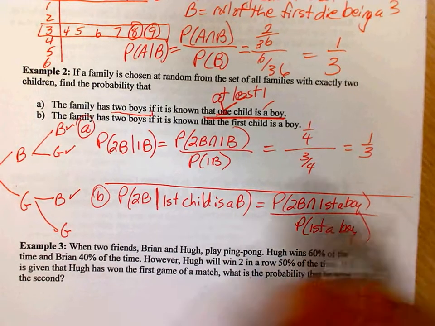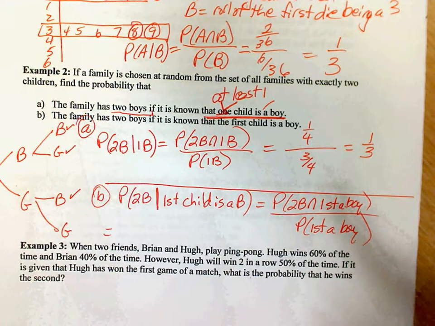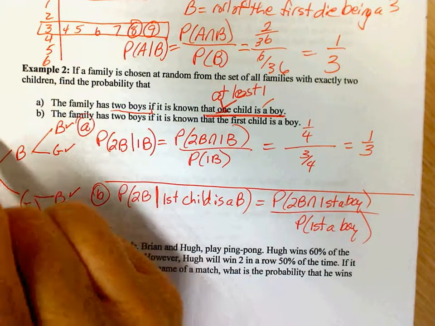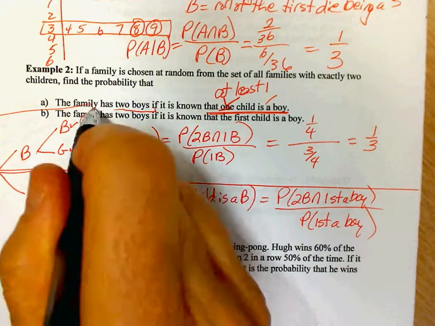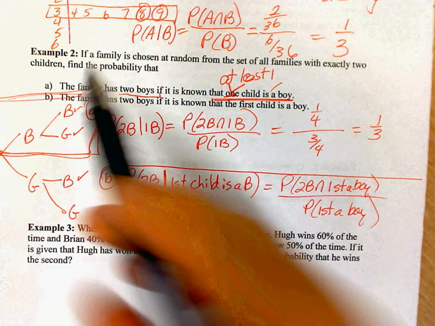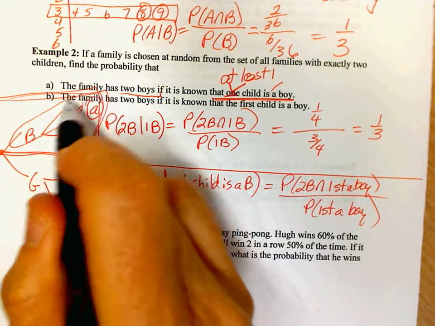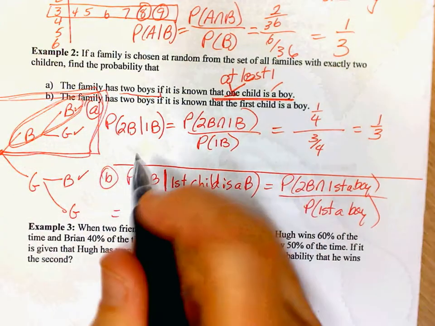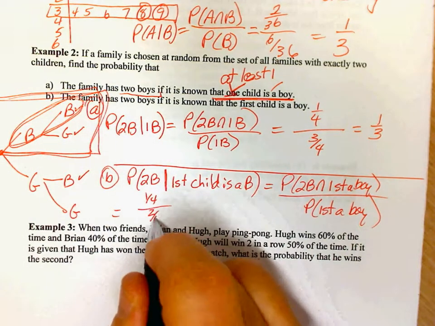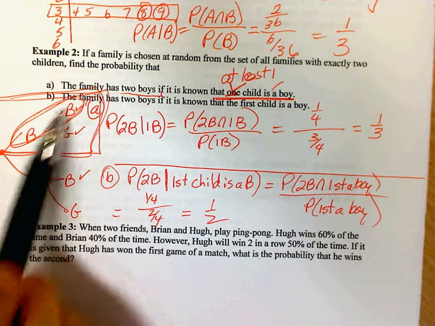If you notice, here's the first is a boy. This is our reduced sample space. So the probability of 2 boys intersection, what they have in common is this, is 1 over 4, all over the first is a boy, which is 2 over 4, and that is 1/2. The probability of the first is a boy, there's 2 outcomes there, which is 2 over 4.